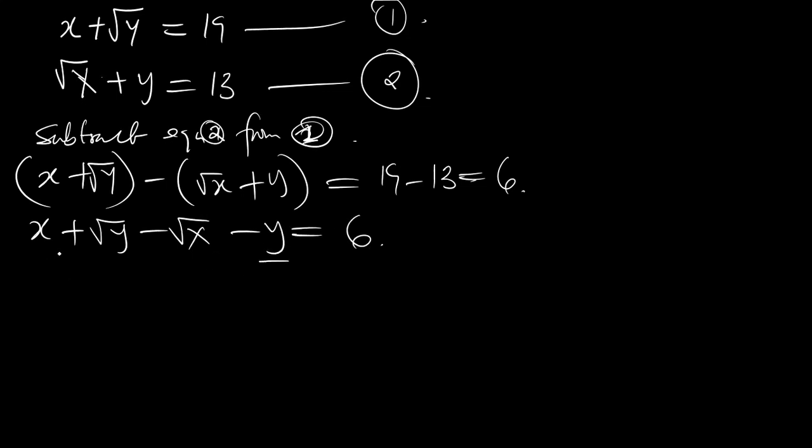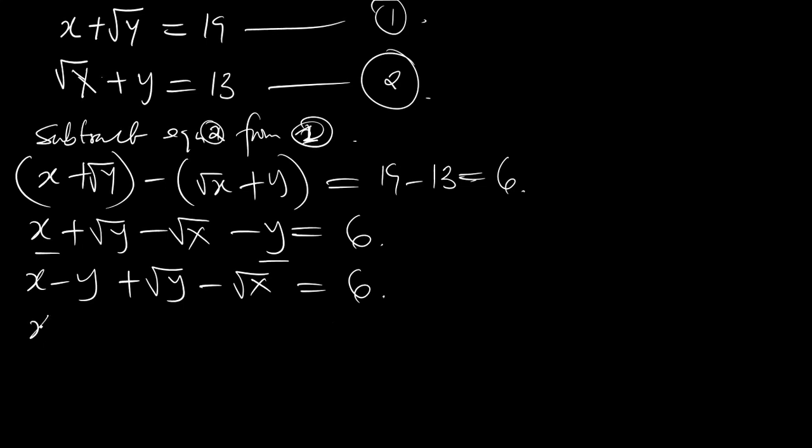Now bringing the similar terms together, you have x minus y plus the square root of y minus the square root of x equal to 6.